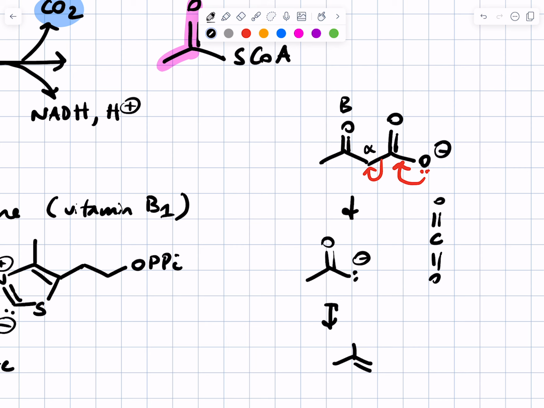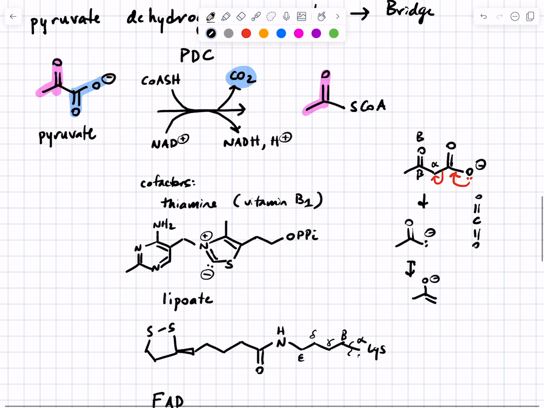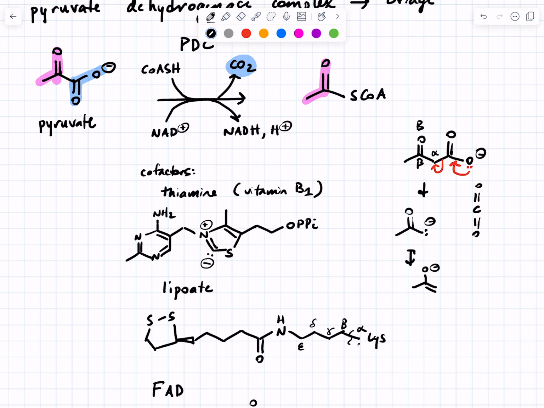So you need the ketone at the beta carbon to stabilize the negative charge on the alpha carbon by resonance. Unfortunately, pyruvate is not a beta keto acid. Pyruvate is an alpha keto acid, which means we don't really have the setup of functional groups necessary to do the decarboxylation.